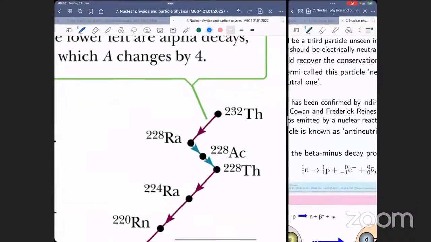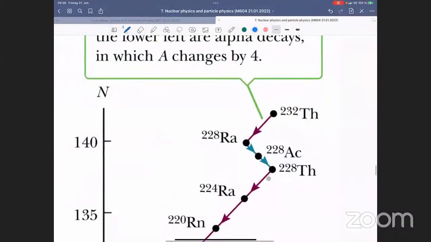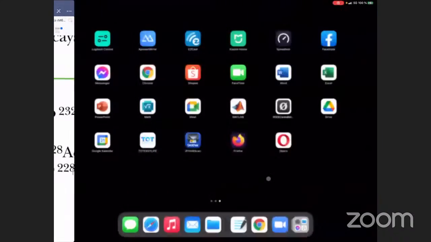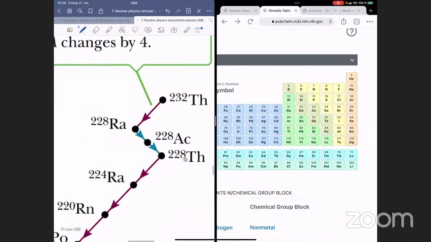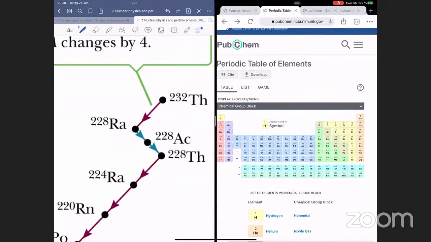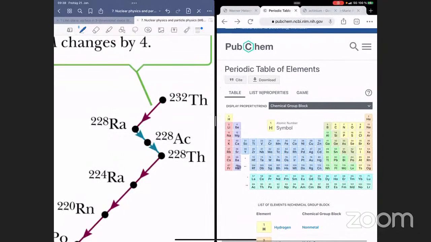Radium 228, where is that? Radium. Okay, radium is 88 right now here.